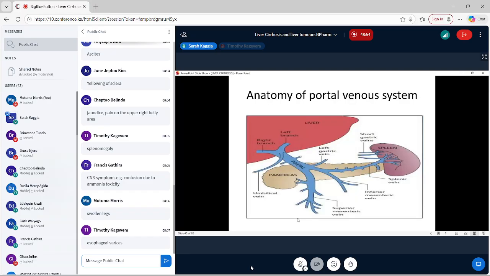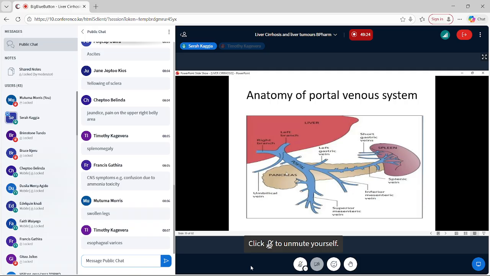So what are the causes of increase in this portal venous pressure? What would increase the pressure here? Easy. It can either be a problem coming from this side of the liver, because of the spleen, the splenic vein as we said, or things coming from here before it reaches the liver.